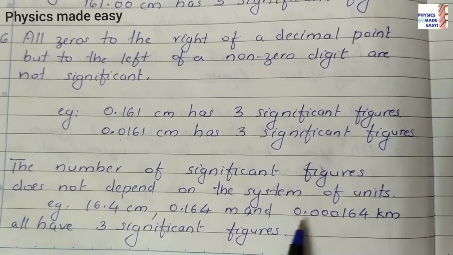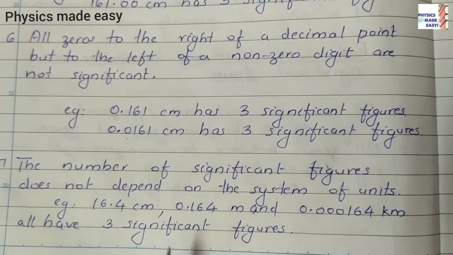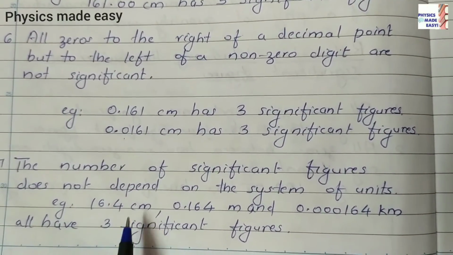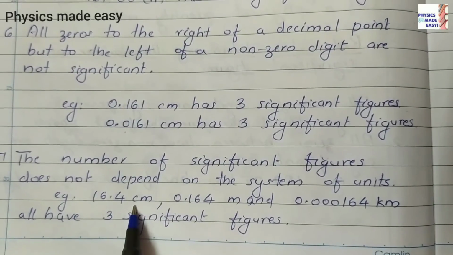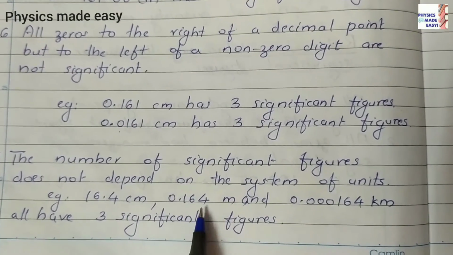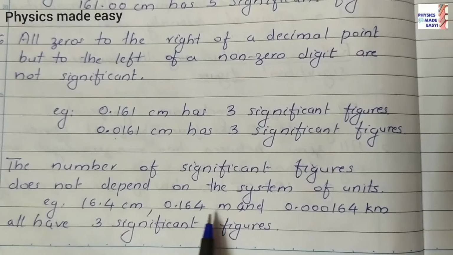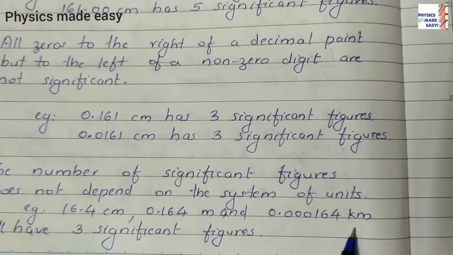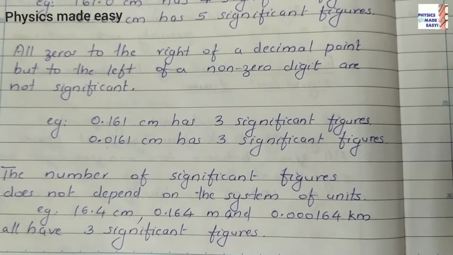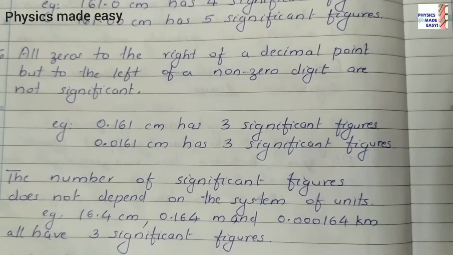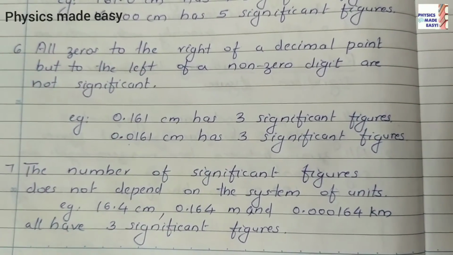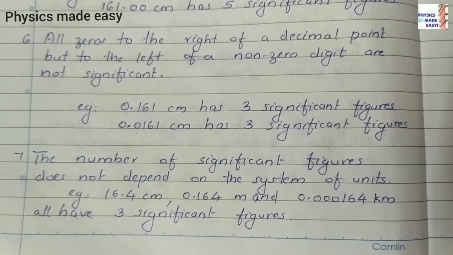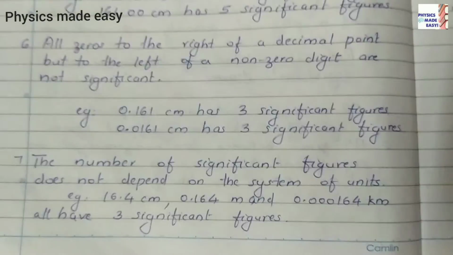In all these cases, we can say 3 significant figures. 16.4 centimeter has 3 significant figures. 0.164 meter, here the unit is meter, then also 3 significant figures. Here that is converted into kilometer, here also 3 significant figures. So we can say number of significant figures does not depend on the system of units.